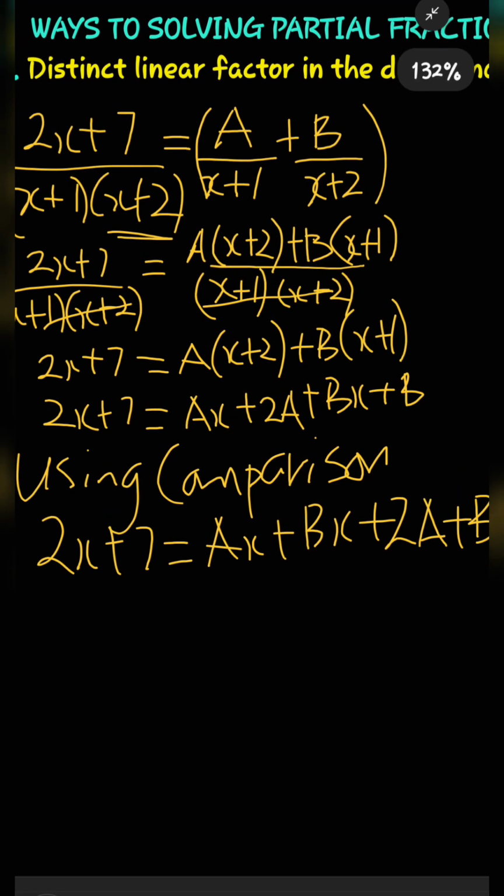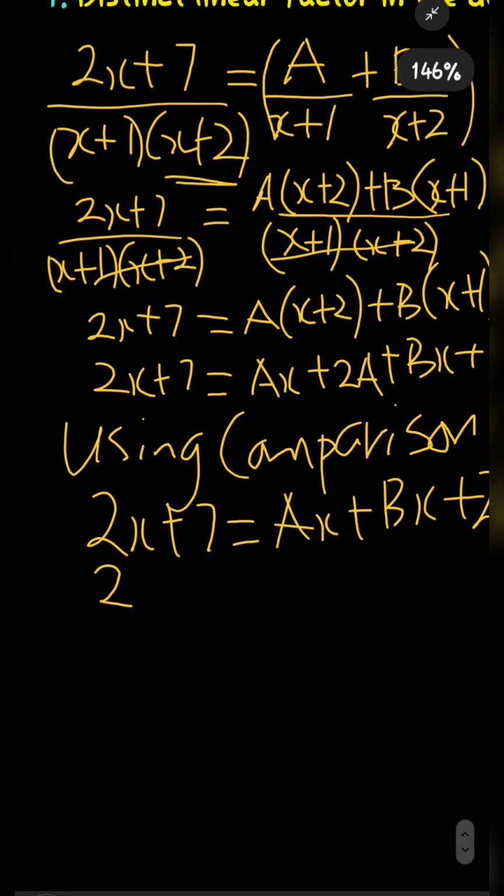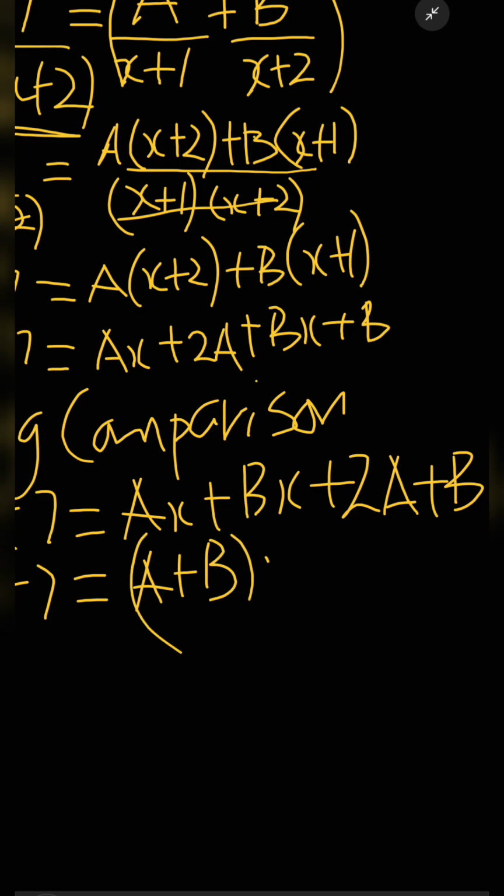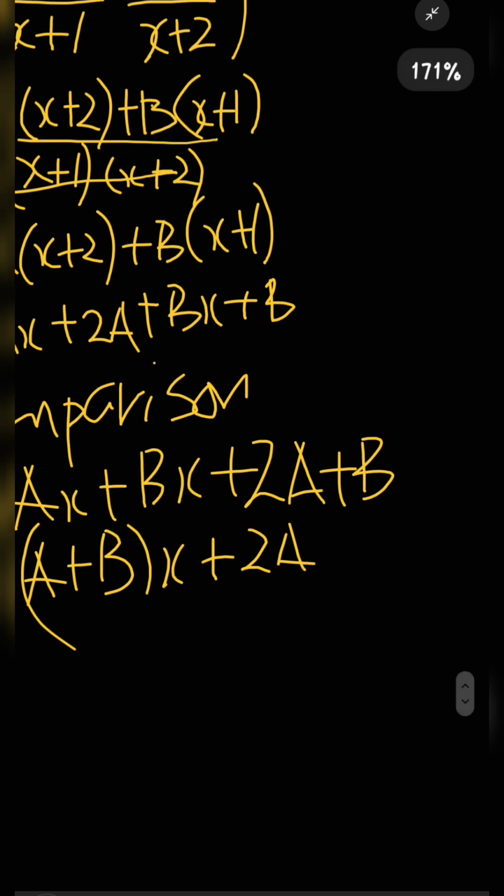Now we have 2x plus 7 is equal to, now let's bring out the coefficient of x, we have a plus b into x plus 2a plus b.